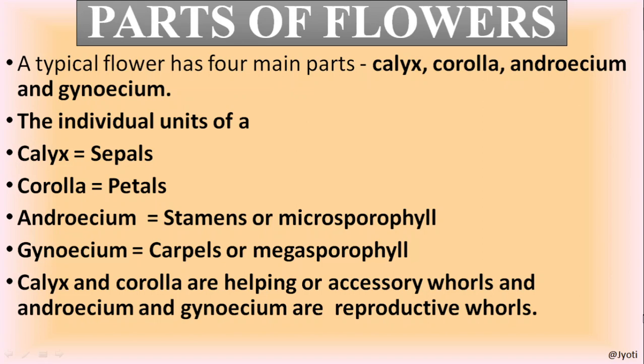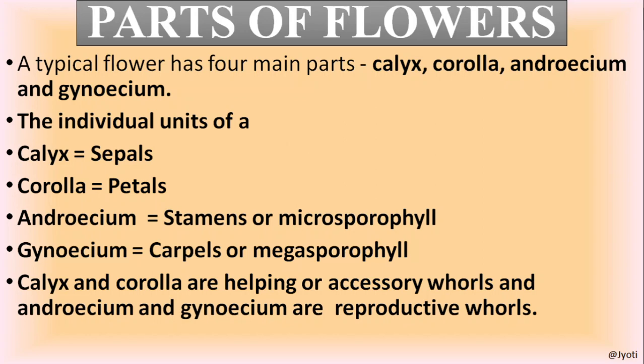So, the parts of a flower: a typical flower has four main parts, that is calyx, corolla, androecium and gynoecium. The individual unit of calyx is called sepal, of corolla is petal, and of androecium is stamen or microsporophyll.